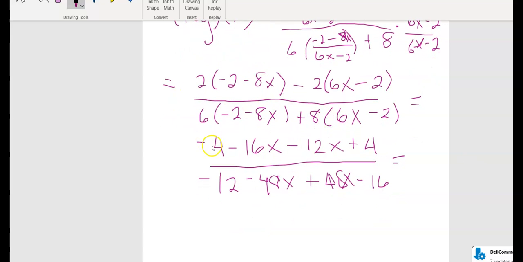All right, now let's add like terms on the top and the bottom. So let's notice negative 4 and positive 4 cancel out. Negative 16x and negative 12x is going to give us negative 28x.